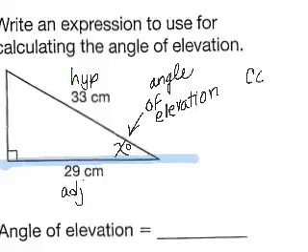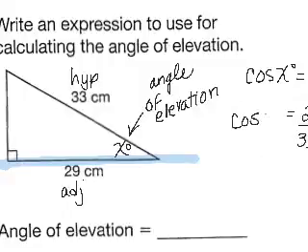So we would find the cos of x equals adjacent over hypotenuse, and that would be 29 over 33. We would solve for whatever this happens to be.